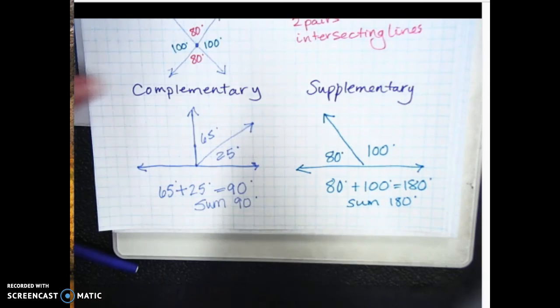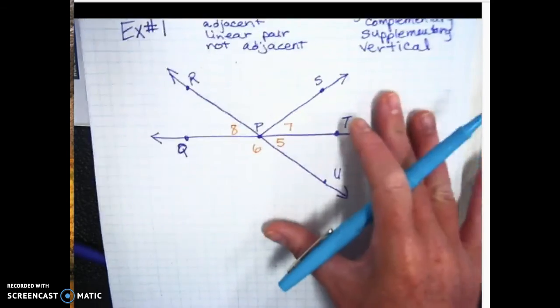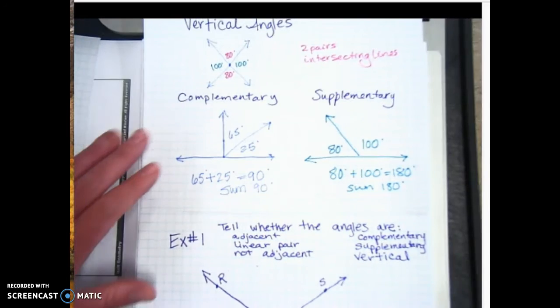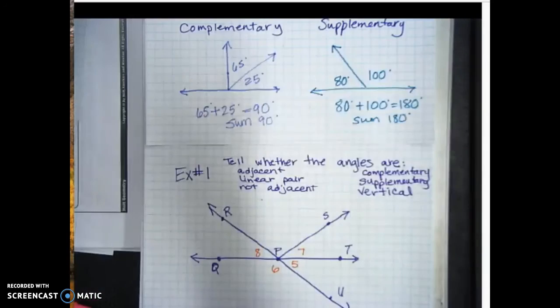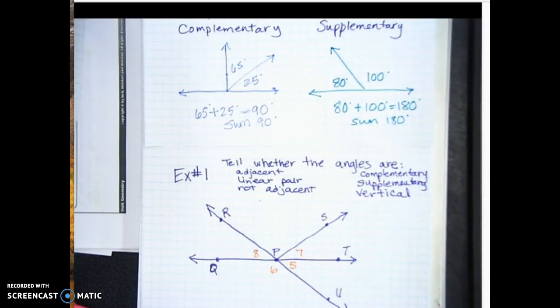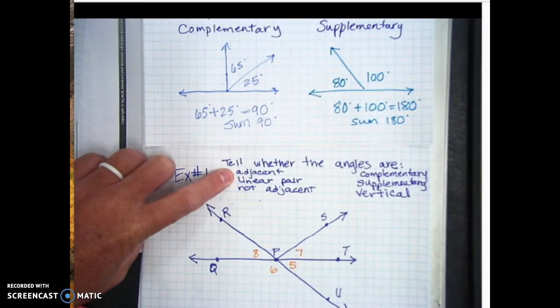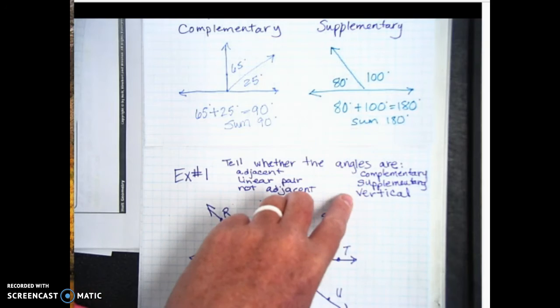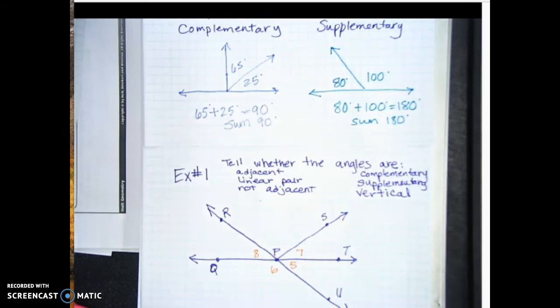All right, example number 1. I'm going to move this up. You'll see it in just a second. Let me shrink it just a tad and move it up. All right, so for example number 1, you're going to draw this drawing once, and then I'm going to give you a pair of angles, and we're going to say whether they're any of these things: adjacent, linear pair, not adjacent, complementary, supplementary, or vertical.